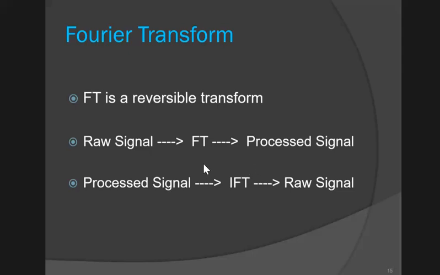One more point to remember regarding Fourier transform is that it is a perfectly reversible transform. When we pass a raw signal through a Fourier transform, we get a processed signal, and if we apply an inverse Fourier transform on this processed signal, we get the original raw signal back, and there will be no data loss during this process. So Fourier transform is a reversible transform.